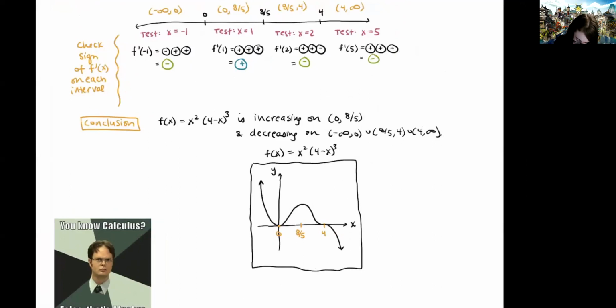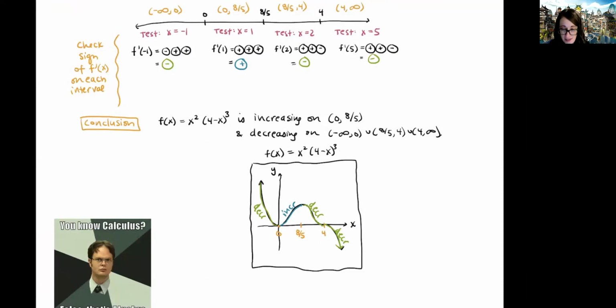The function is decreasing till we get to 0. Then the function increases from 0 to 8/5. Then it decreases from 8/5 to 4. It's 0 there in its slope for a point, and then it continues to decrease.